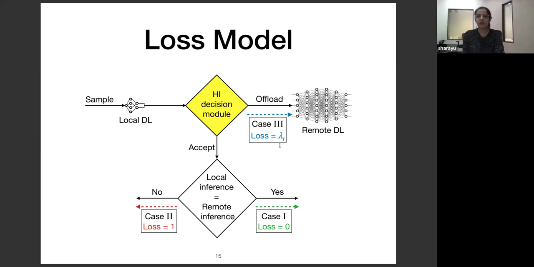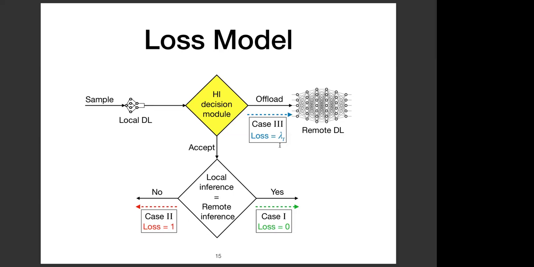So this could be the cost of transmission or delay or whatever you want to call it. This is how we capture the fact that offloading leads to both power use to transmit and latency. Both of that is captured through this lambda t loss. Okay, thank you. I understand now.